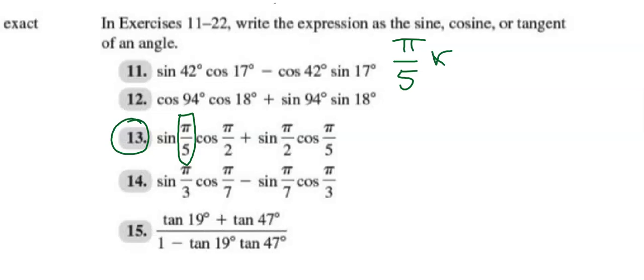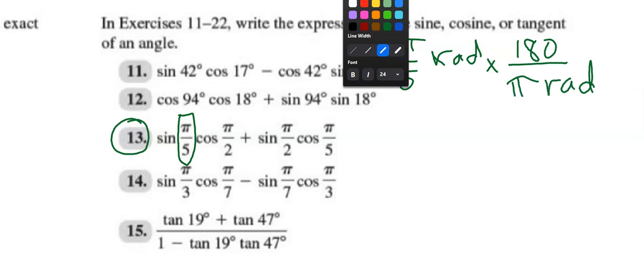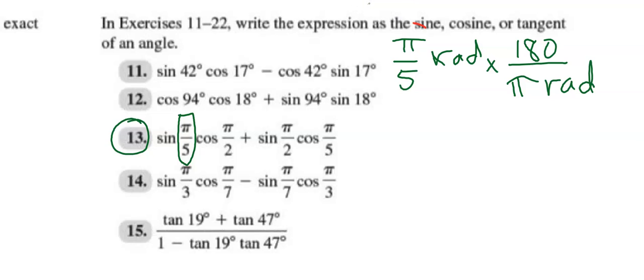By this time of your mathematical career, since we have done this a bunch of times, can you just imagine a number that you should replace this pi with? Is there a number that's equivalent to pi that you could just put in that place? How about 180? So you really literally could just take 180 and divide by 5.